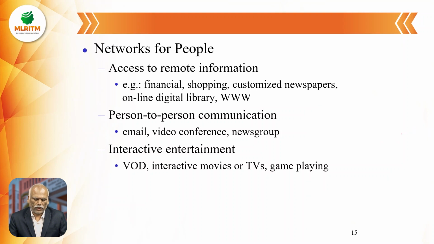Using this network, we can access information available at remote, geographically distant places. For example, financial, shopping, customized newspapers, online digital library, and the worldwide web. This is used to access the information which is available at remote places.